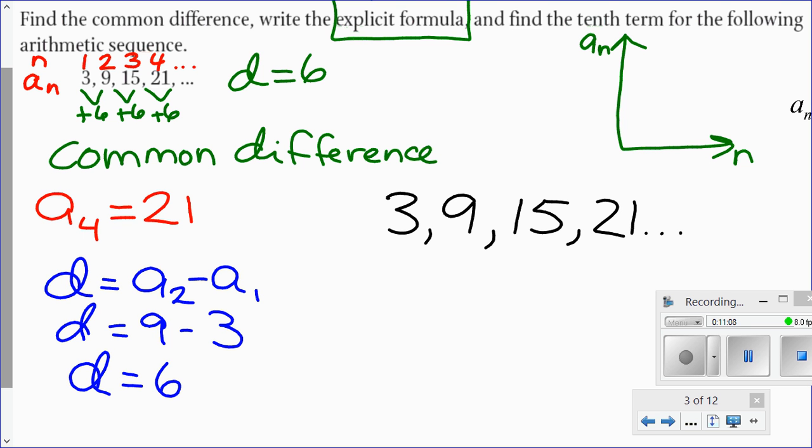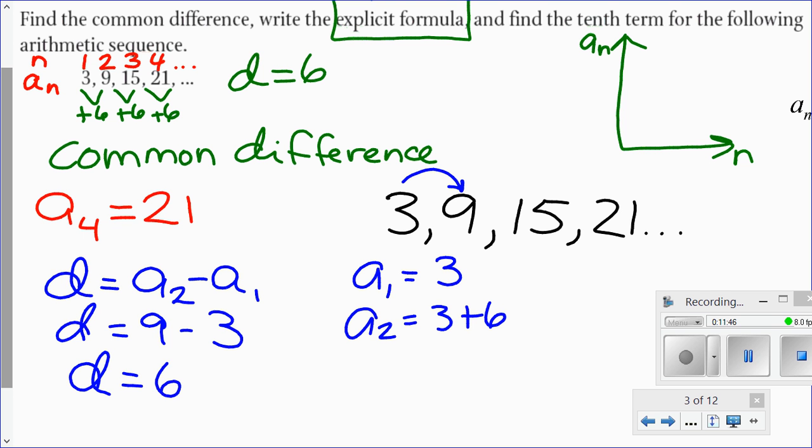So to get from 3 to 9, what did I add? 6. Okay. Good. Plus 6. So in this case, a sub 1 equals 3, right? And a sub 2 equals 3 plus 6. Agreed?